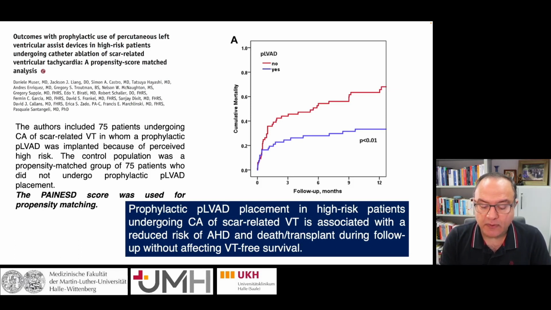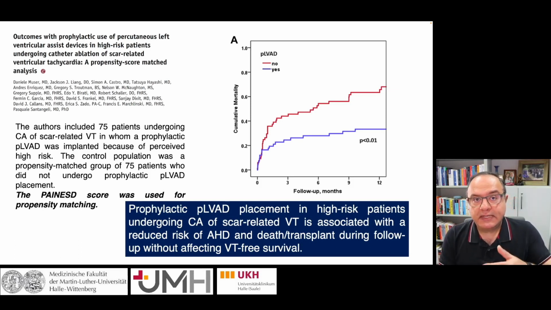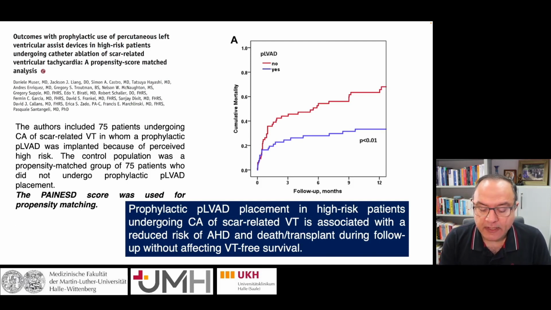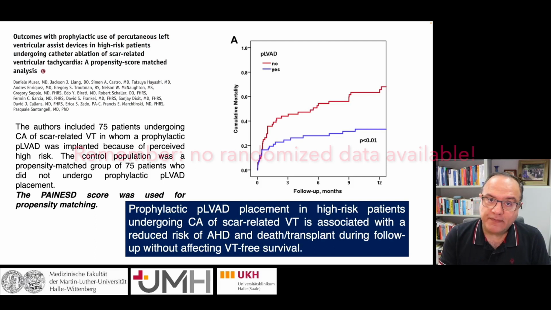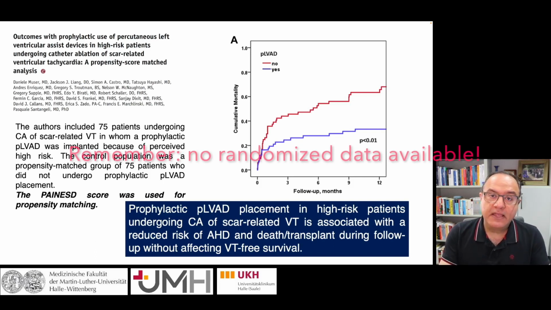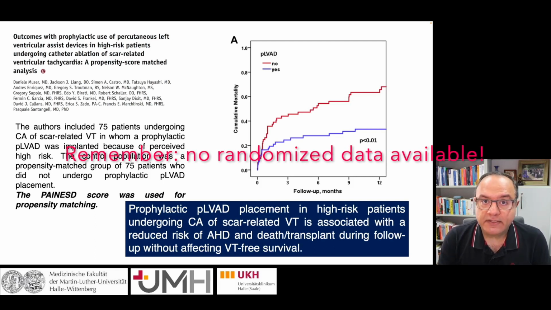And they showed that prophylactic use of hemodynamic support in high-risk patients is associated with reduced risk of acute heart failure, as shown by the other studies, but also reduces the risk of death and transplantation during follow-up without affecting the VT-free survival, as the other studies also showed.